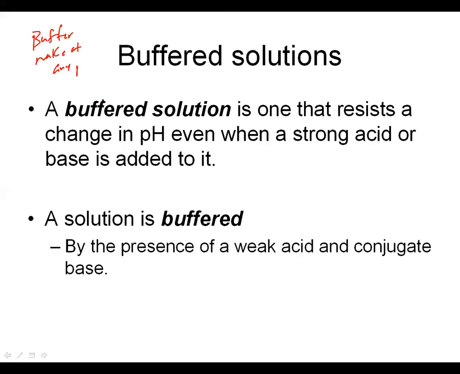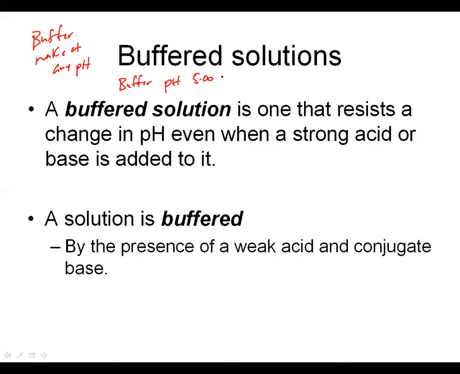What a buffer means is, for example, let's say we made a buffer that had a pH of 5. If we added some acid to it, we would expect the pH of that buffer solution to still remain around 5. It might go down a little bit, maybe 4.9, but it will still be in the pH 5 neighborhood.